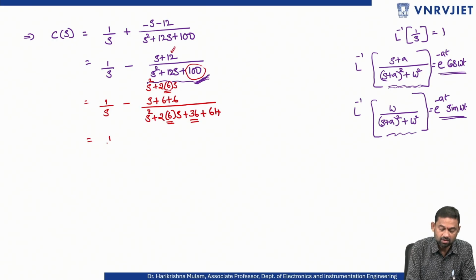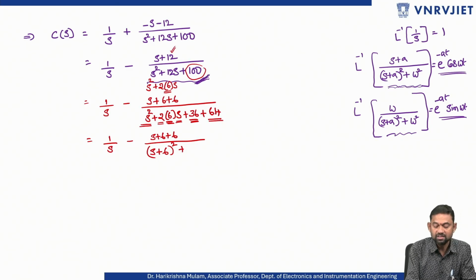Therefore, you can write it as 1 by s minus s plus 6 plus 6 divided by s square plus 2as plus a square, which can be written as s plus a, where a is 6, s plus 6 whole square, plus whatever is left over, 64. That should be written in the form of omega square. Therefore, 8 square.